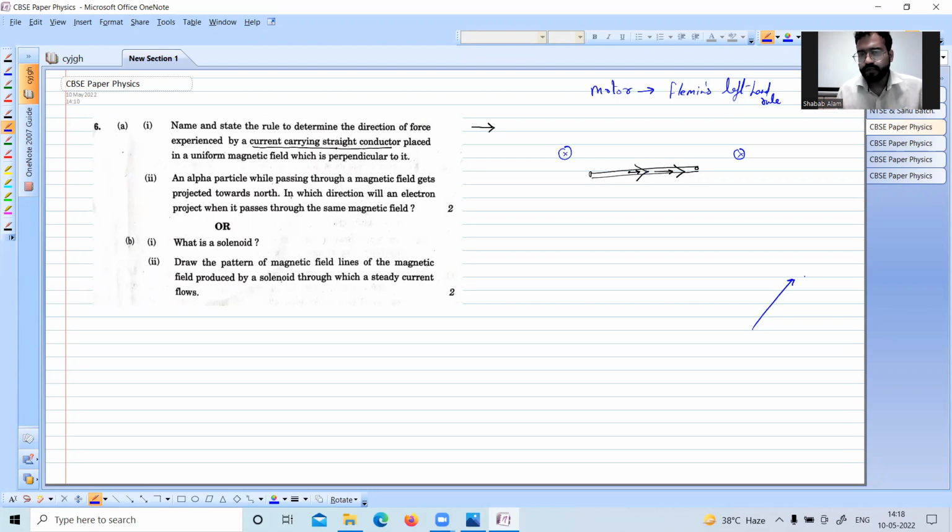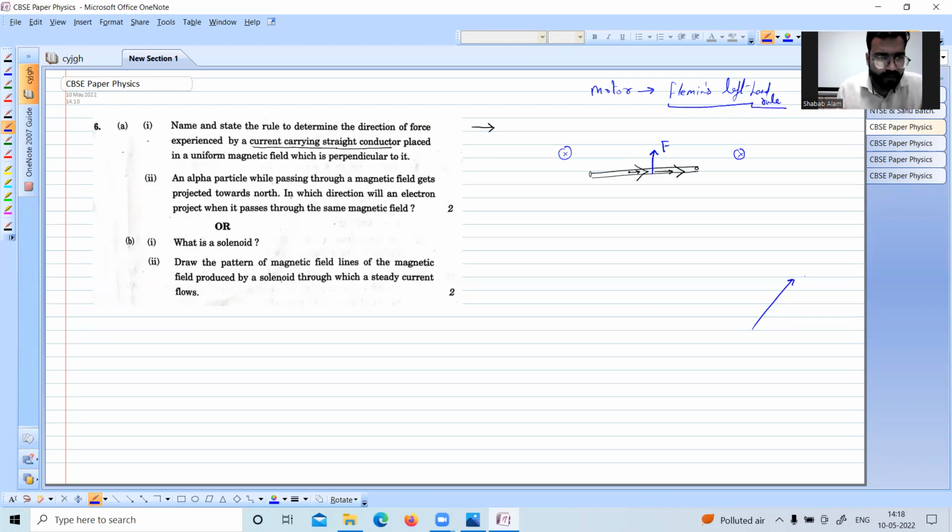It means the force experienced by the conductor. So we use Fleming's left hand rule. The magnetic field is going inside, current is in this direction, and this is the upward force experienced by the conductor. So the direction of force is this way, and the rule is Fleming's left hand rule.